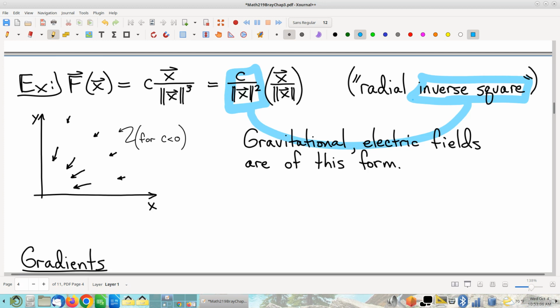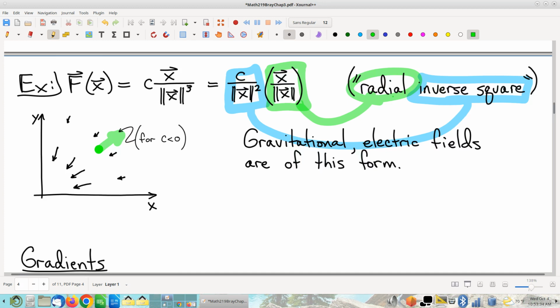All right. Notice further that this part is a unit vector, but furthermore, it's a unit vector pointing to the position x. So it is a unit vector that wherever you are, the unit vector that's pointing radially outward from the origin. Is that okay? Is everybody happy with that?